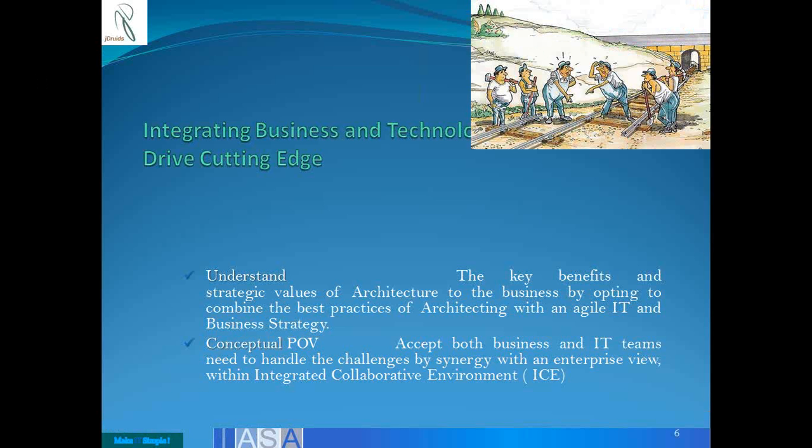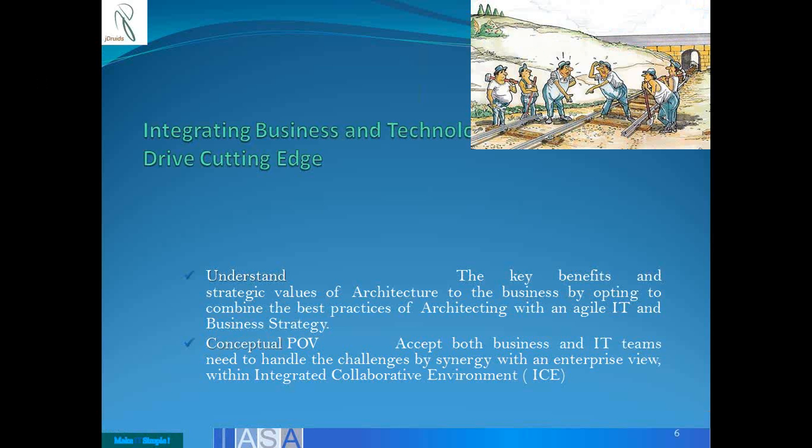The second point is every architect has their own personal viewpoint in bringing business and IT teams together to handle a challenge, or do silo amounts of work, then synergize together for an enterprise view, and all exist under an integrated collaborative environment.